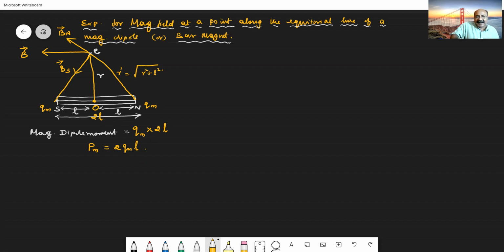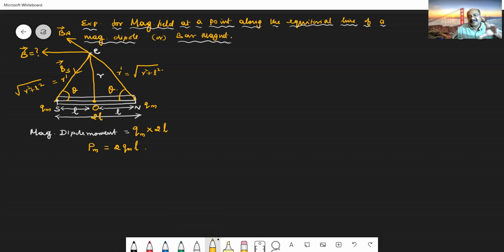The resultant magnetic field B vector has to be calculated at C. Let us consider this angle as theta and this angle of inclination also as theta. What is the value of CS? That is also equal to r dash, which is equal to root of r square plus L square.